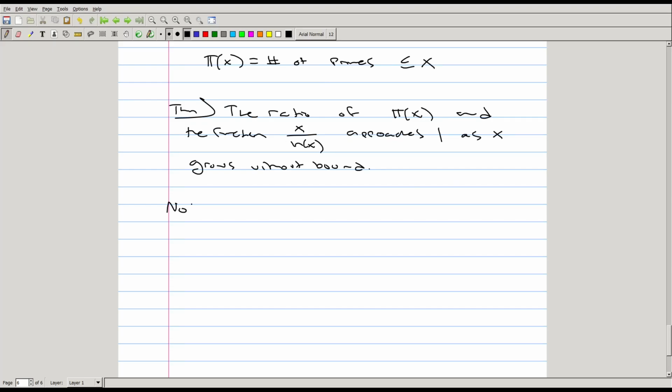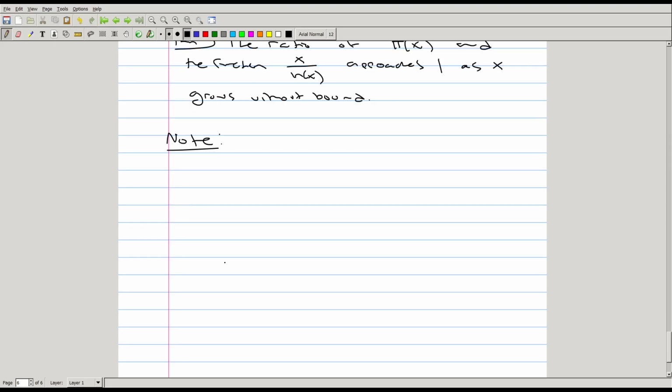I want to note that this is another type of asymptotically equivalent in some sense. It's stronger than just pi of x grows on the order of x over ln of x. This has a different notation, and it's what's called asymptotically equal to.